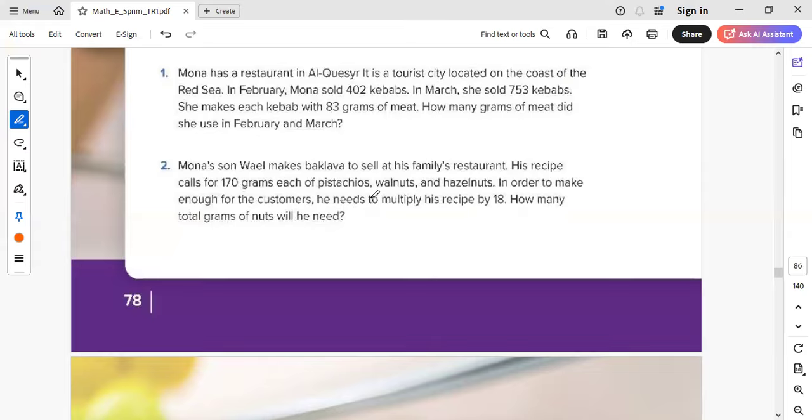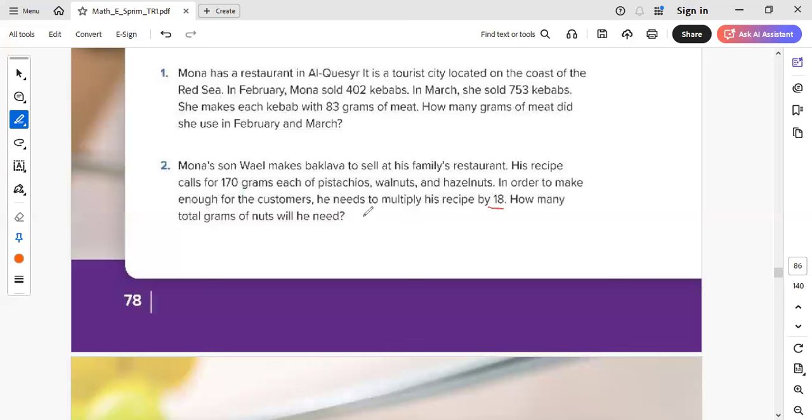He needs to multiply his recipe by 18. How many total grams of nuts will he need?